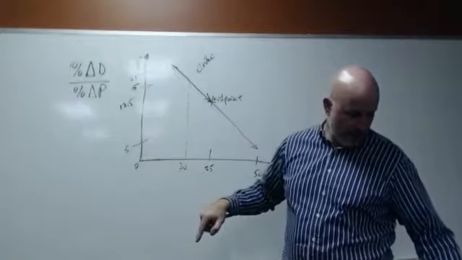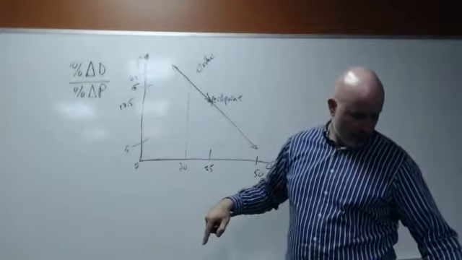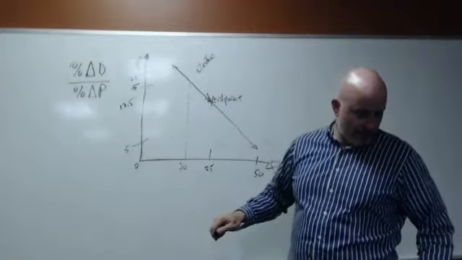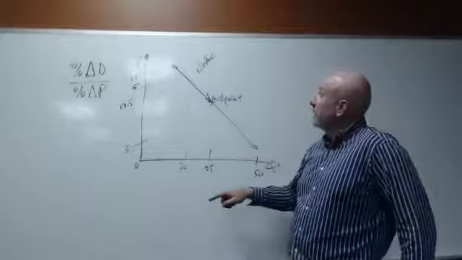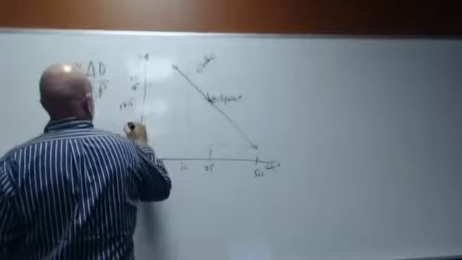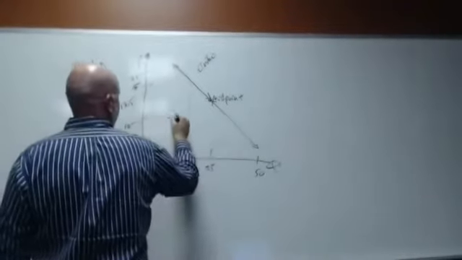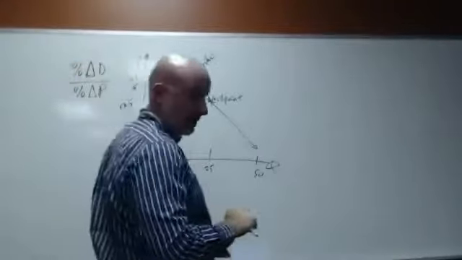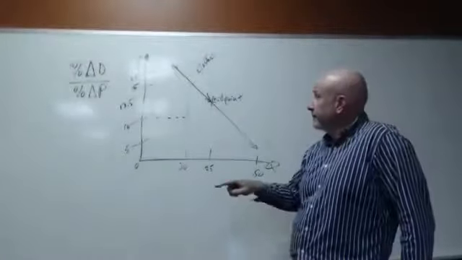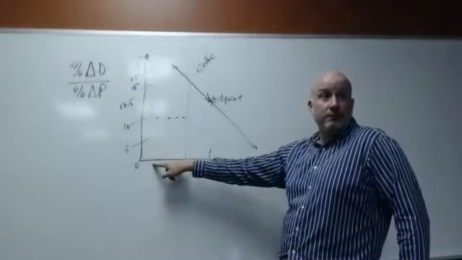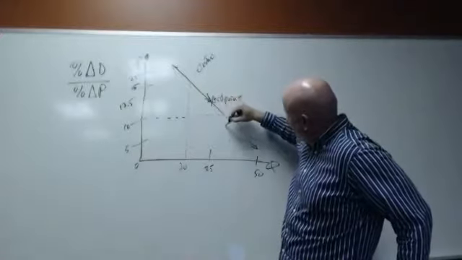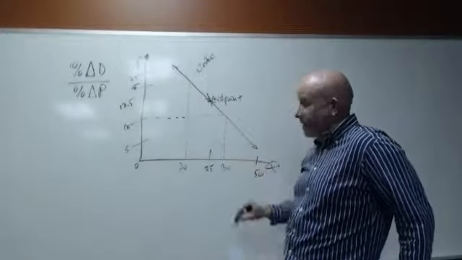All right, now, if the price fell from 10 to 0, what's going to happen to quantity demanded? And I'm going to say that this comes out to equal 30.